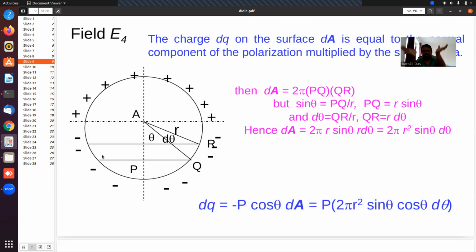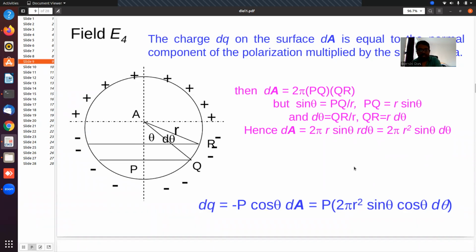Here it is not a cylinder, it is a portion of a sphere, but we can think of it like that, so it is 2 pi r into h. Here it is also 2 pi PQ into QR. QR is like h. If we replace this, PQ means r sine theta, where the radius is r, and QR means r d theta if d theta is very small. So dA is 2 pi r square sine theta d theta.